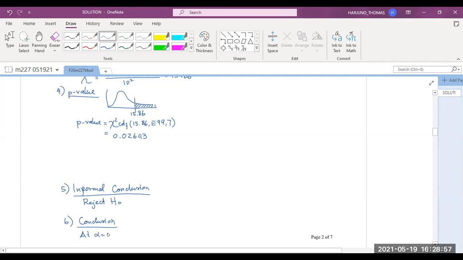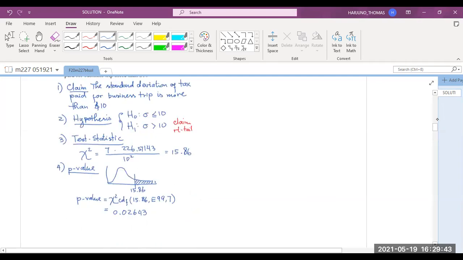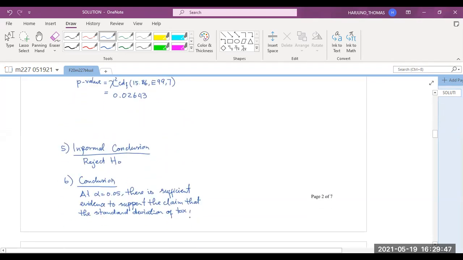At alpha equals to 0.05, there is sufficient evidence to support the claim that the standard deviation of tax paid for business trip is more than $10.